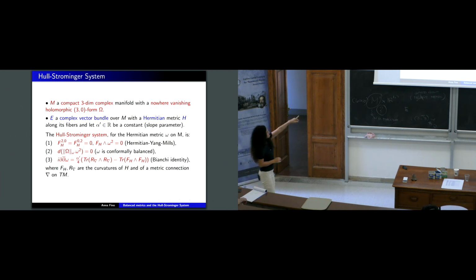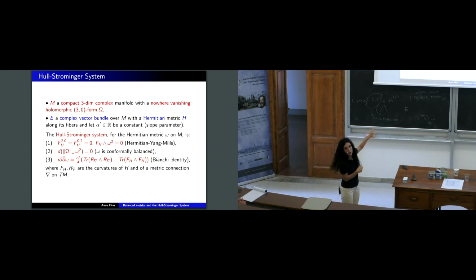And the third condition, that's the more difficult to solve, and in some sense is a curvature condition. That's generally the Ricci-flat condition. This condition involves two curvatures. One is the curvature F_H, and the other, in principle, is the curvature of a metric connection, R nabla, again viewed as a two-form with values in the endomorphisms of the tangent bundle.